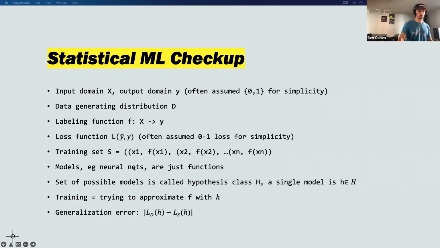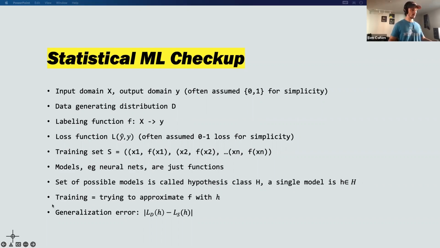Models, like neural networks, are just functions. The set of all possible models is called the hypothesis class. For example, if I'm using ResNet 50, the hypothesis class would be the set of all parameter configurations for ResNet 50. A single model is what you try to get through optimization. It's a single lowercase h in that hypothesis class. So training is basically just trying to approximate f, the labeling function, with some h. I'm searching through this big stack of hypotheses to find lowercase h.